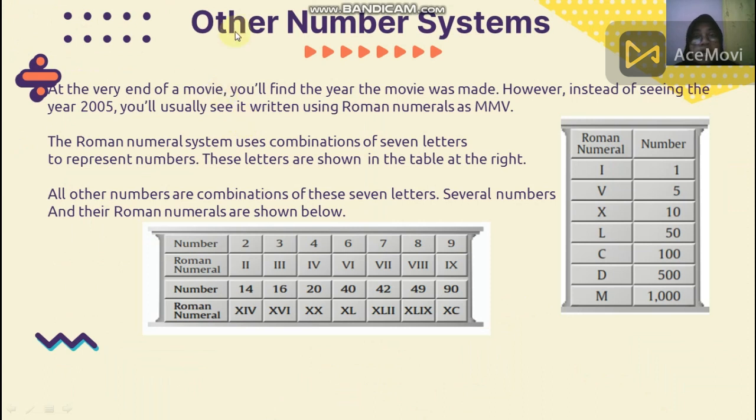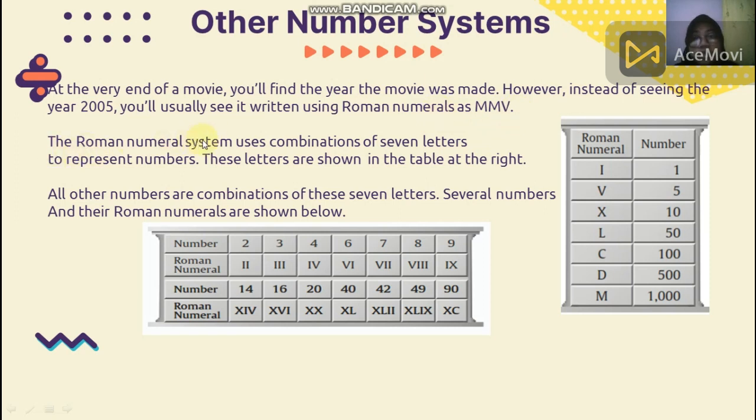Next, other number systems. At the very end of a movie, you'll find the year the movie was made. However, instead of saying the year 2005, you'll usually see it written using Roman numerals as MMV.